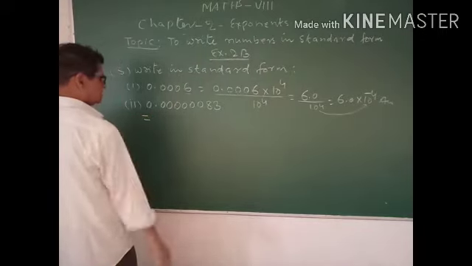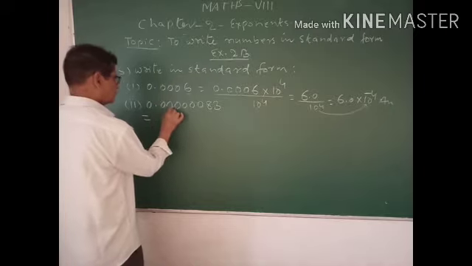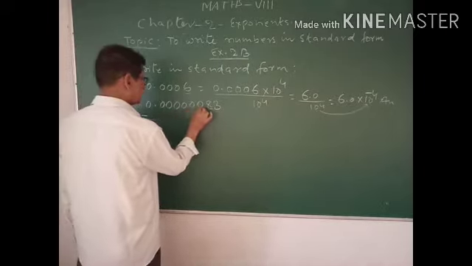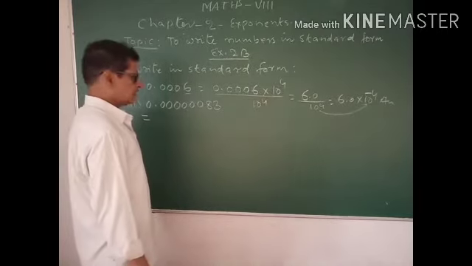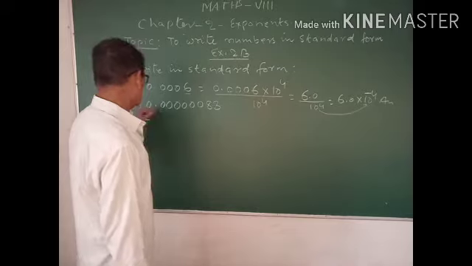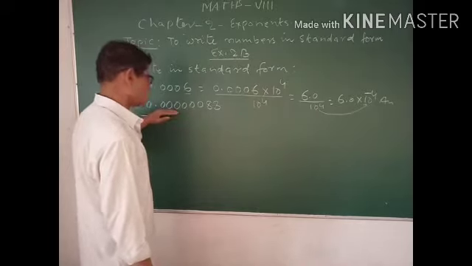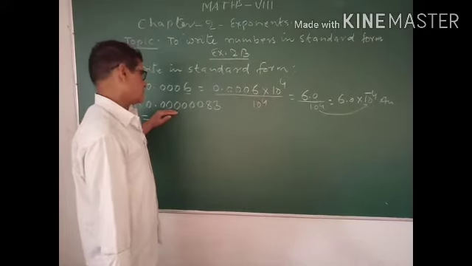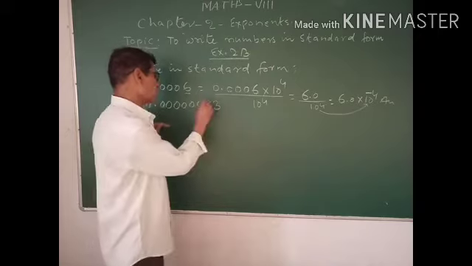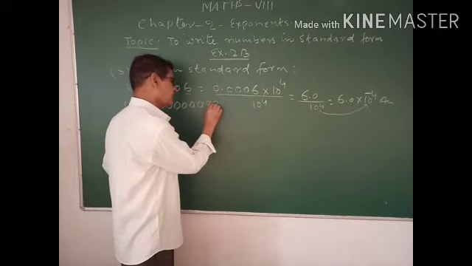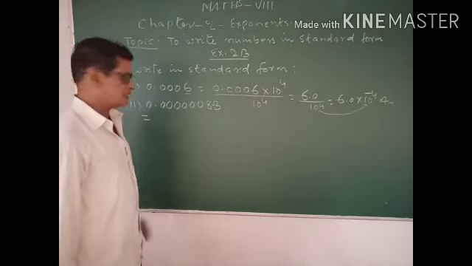What can you write here? First of all, count the digits. 1, 2, 3, 4, 5, 6, 7, 8. There are 8 digits, and if you remove decimal from here, then all these zeros will be vanished. So where do we want to keep the decimal? We want to keep the decimal after 8, means here. Here we want to keep decimal.